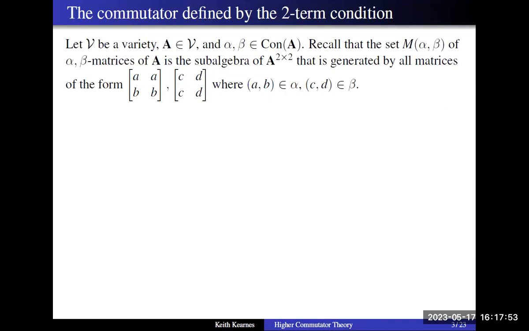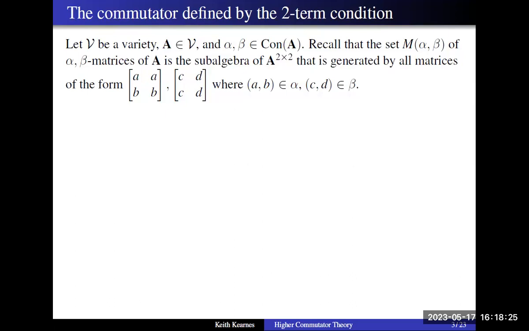For alpha-beta matrices, if they're constant on rows, but the element on the first row is alpha related to the element on the second row, then that's going to be an alpha-beta matrix. And if it's constant on columns and the element in the first column is beta related to the element in the second column, that's going to be an alpha-beta matrix. And then just close this, make this a subalgebra of A to the 2 cross 2. That subalgebra will be all alpha-beta matrices.